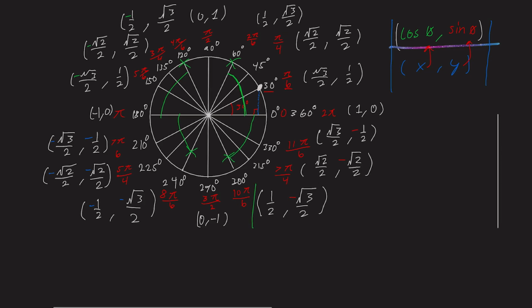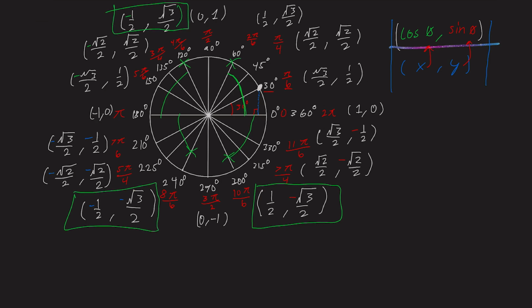So if we look at those coordinates, you see that the coordinates themselves are exactly the same, just with different negative and positive values. This should be a parentheses here. Okay? It's all 1/2 comma rad 3 over 2. We use our common sense to dictate which value should be negative and which value should be positive.